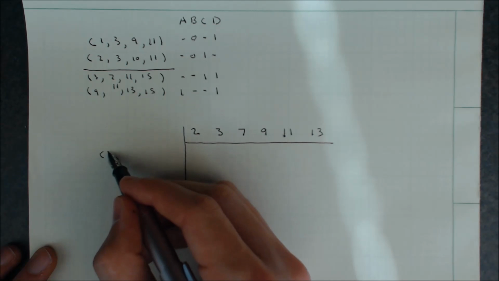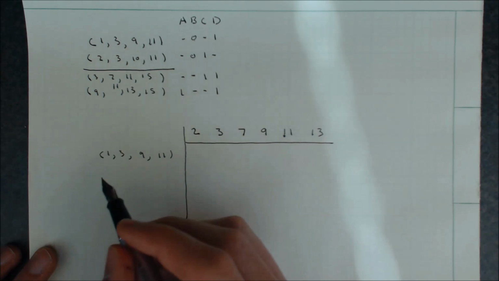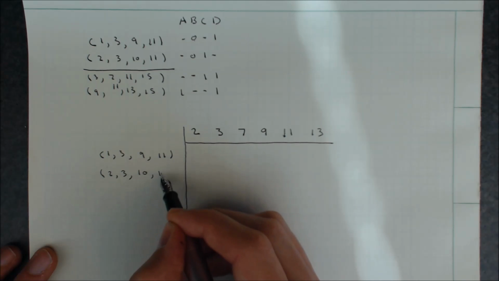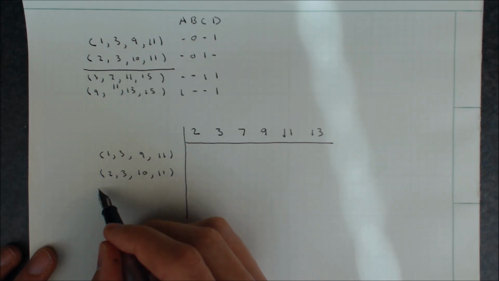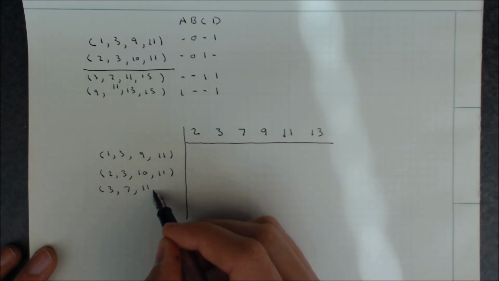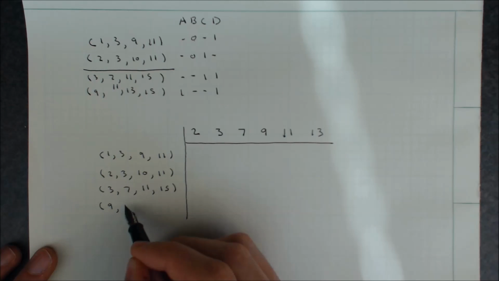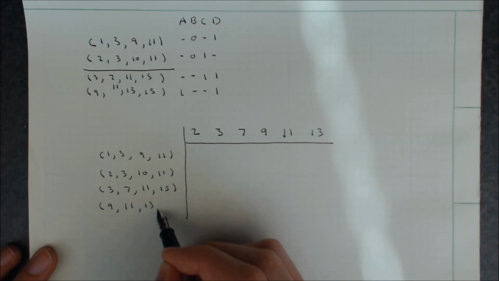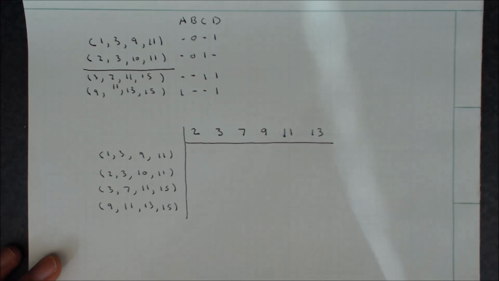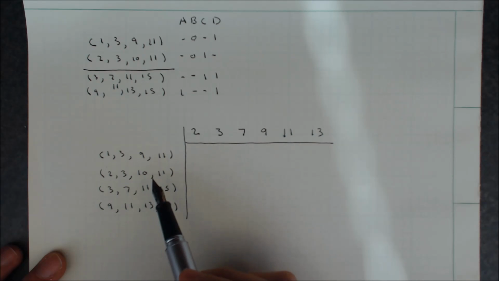In this case, it was the 1, 3, 9, 11, the 2, 3, 10, 11, the 3, 7, 11, 15, and the 9, 11, 13, 15. And then we mark with X's all of the min terms that we find within these expressions.